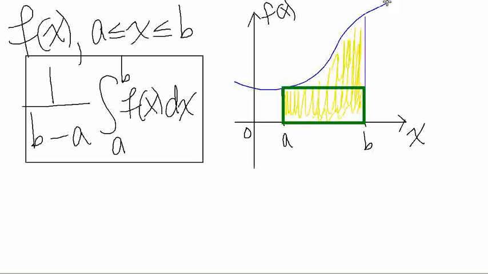So that green rectangle has an area that's too small. Notice that that green rectangle has a height equal to the minimum of f of x with respect to the given interval. Let me try again. So that second green rectangle has too large of an area.